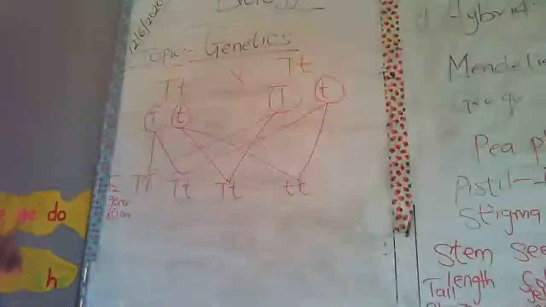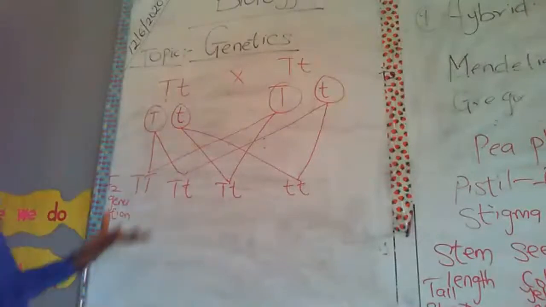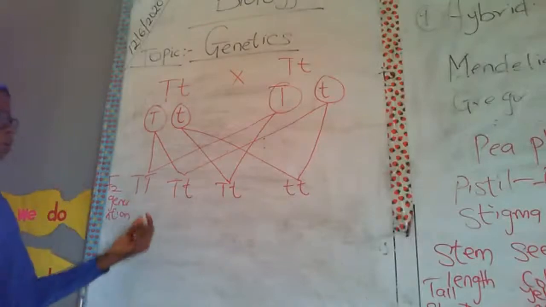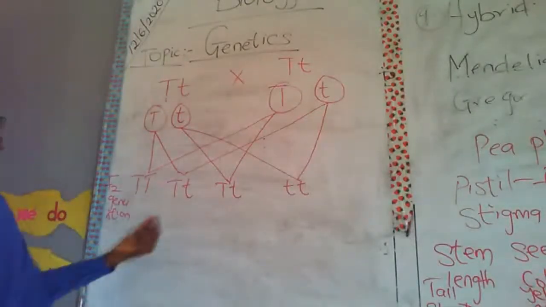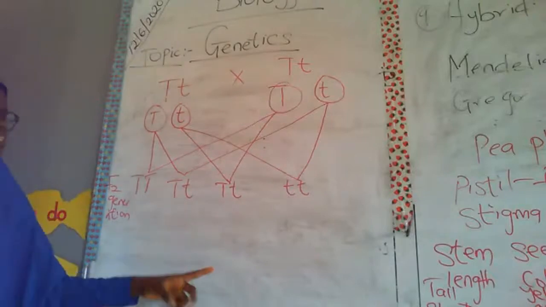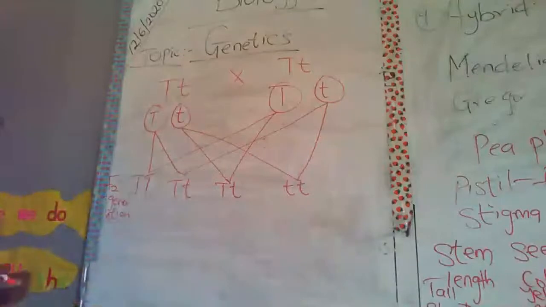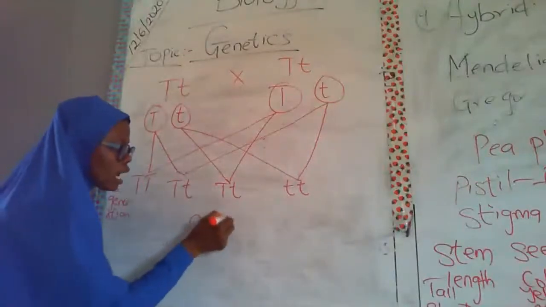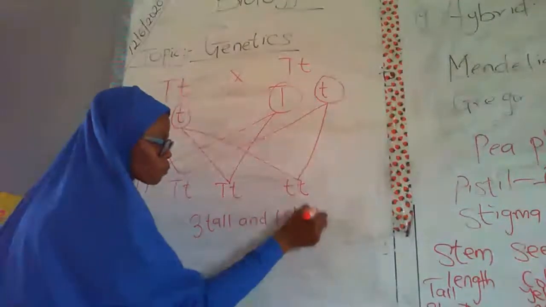If you remember when I was explaining heterozygote, I was explaining the dominant and recessive. I said the one that manifests itself is the dominant. Because there is already a dominant, this one too is tall. But this one is homozygous short. Meaning we have 3 tall and 1 short.